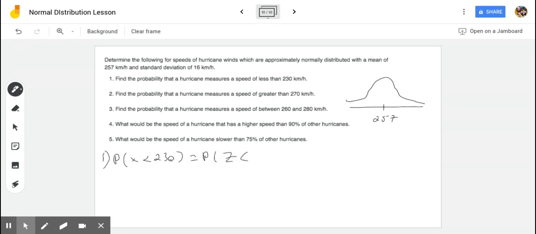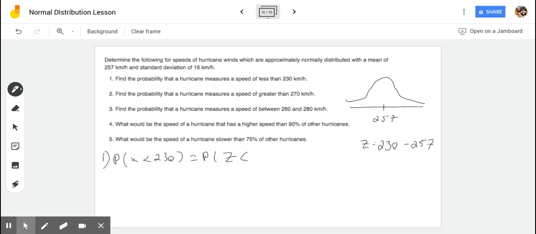the z value, which is 230 minus 257, divided by 16. It is a negative number because it's on the left side of the chart. Remember what a z-score means: it's how many standard deviations you are above or below the average. 230 minus 257, I got a calculator out now.